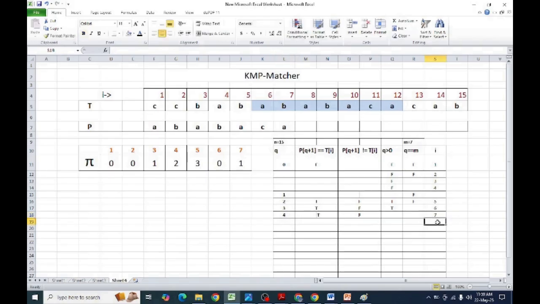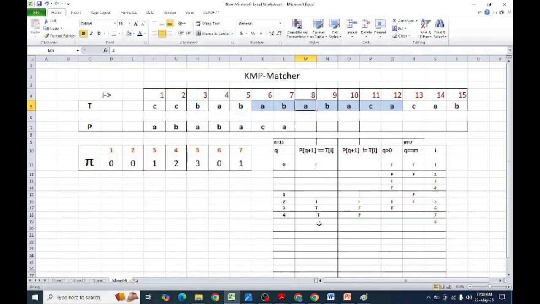Then we are taking the next character 8. Then P of q plus 1, that is P of 5. P of 5, this one and this one will be compared. P of 5 and T of 8, they are equal.